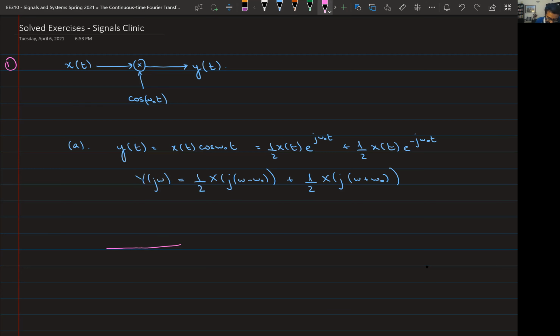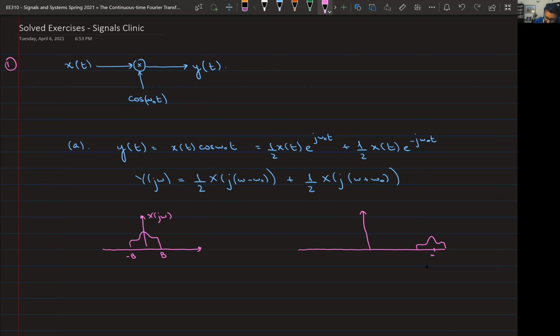And as a result, what we concluded was, if x of j omega looks something like this, which has a bandwidth of plus b here and minus b here. So here's the cutoff, so it's a band limited signal, right? And this is x of j omega. What would y of j omega be? Y of j omega is just simply going to be something that looks like this.